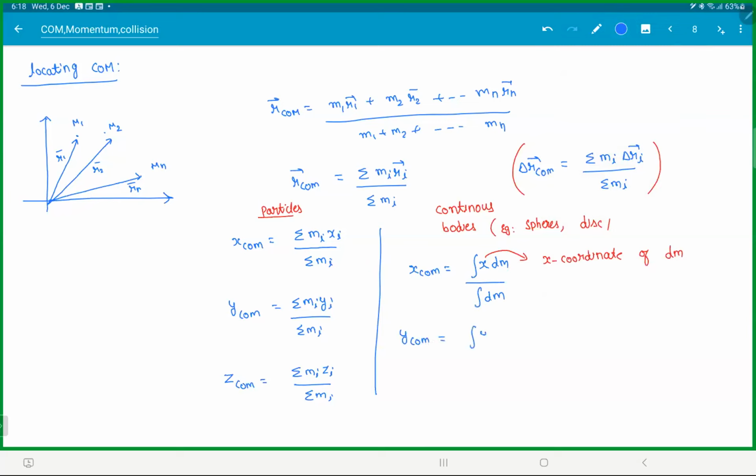The y center of mass will be integral y dm by integral dm. So use this integration when you're talking about continuous bodies. Use the first formulas for particles. We're going to see both today anyways. Here r bar is your position vector in case you're confused. R1 is x1 i cap, y1 j cap, and z1 k cap.